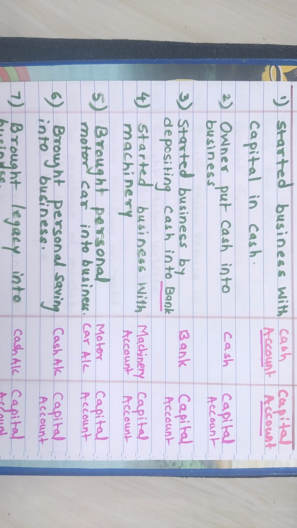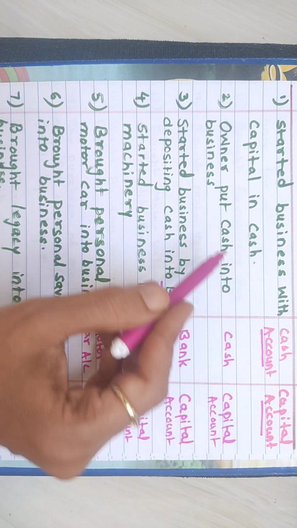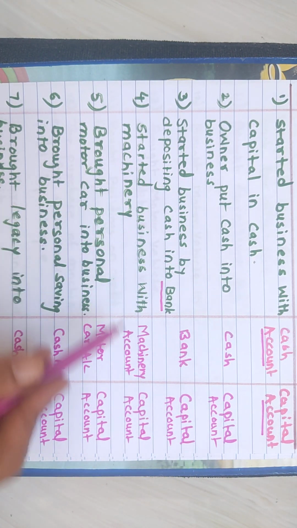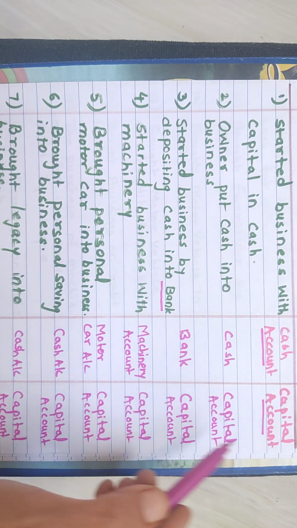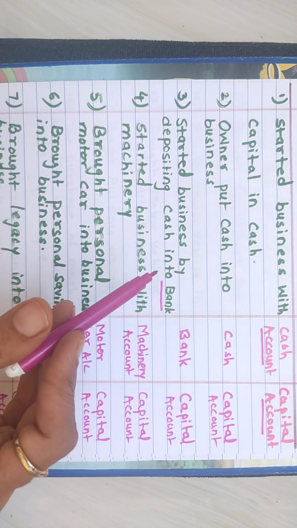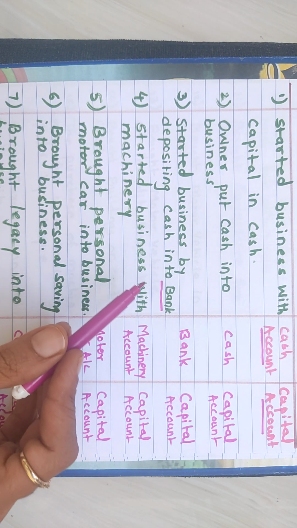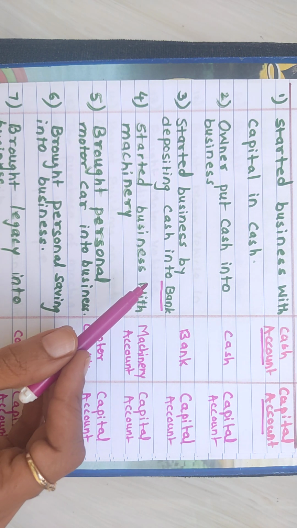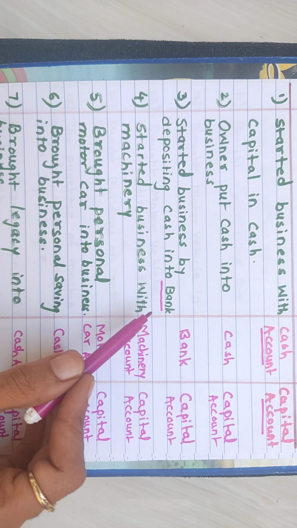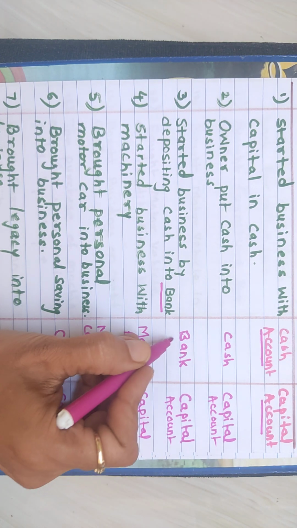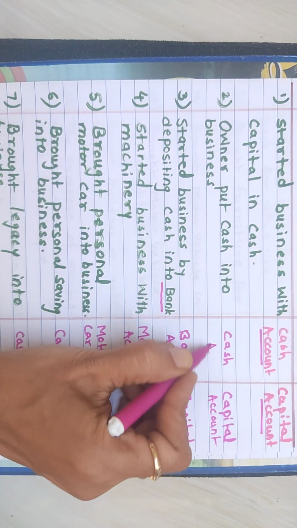So here we saw in the first 7 transactions, started business with capital in cash or owner put cash into the business, cash account is debited, capital account is credited. But when the cash is put into the bank, the owner started business and at that time he deposited cash into the bank, bank account of the business is debited and capital account is credited.